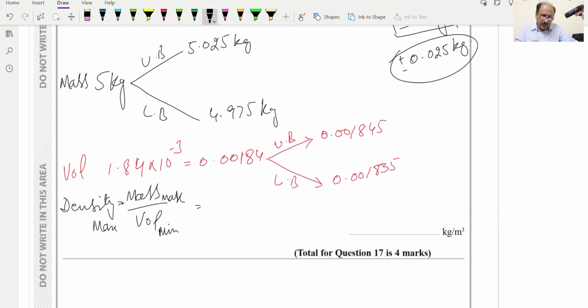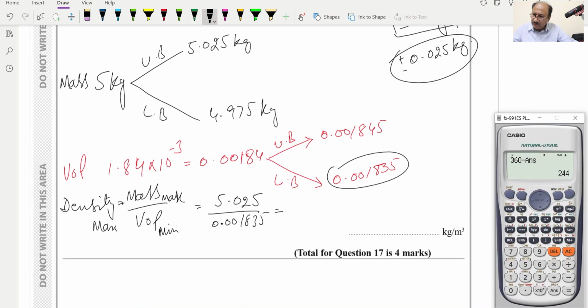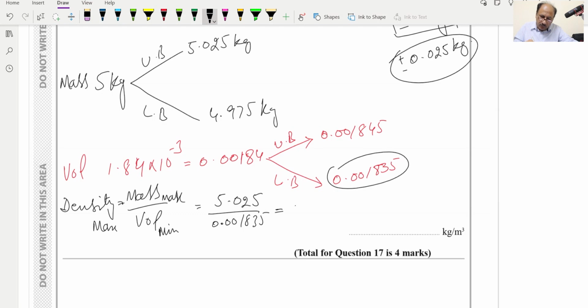So for the mass, we are using the upper bound, 5.025, divided by the lower bound of volume, which will be 0.001835. If we calculate, 5.025 over 0.001835 will be equal to 2738.4.